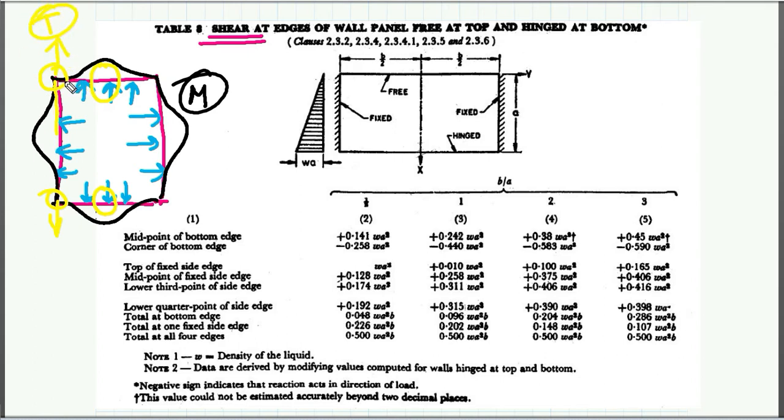This tension is also equal to the shear force over here, because this load will give rise to a shear force over this wall, right? This will give you shear force. When there is a load on this wall, a shear force will develop over here, and that shear force is actually the tension that is acting on the adjacent wall. So this shear force, why we are calculating, to find out the tension at the other wall, that is the adjacent wall. Okay.